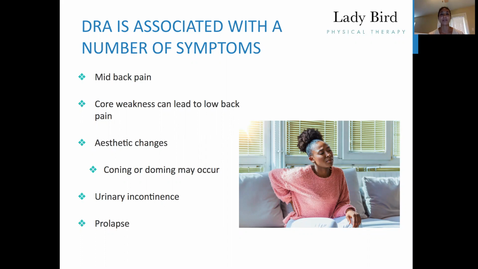Essentially, it's when organs fall down within the pelvic cavity. Some of the symptoms associated with prolapse are vaginal heaviness or dragging, sometimes pain, and there's plenty of research to show that it's associated with diastasis.